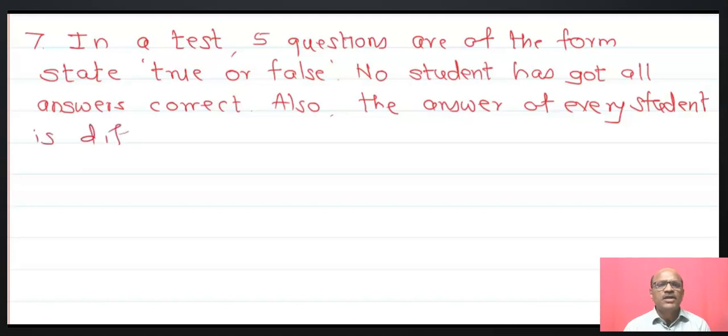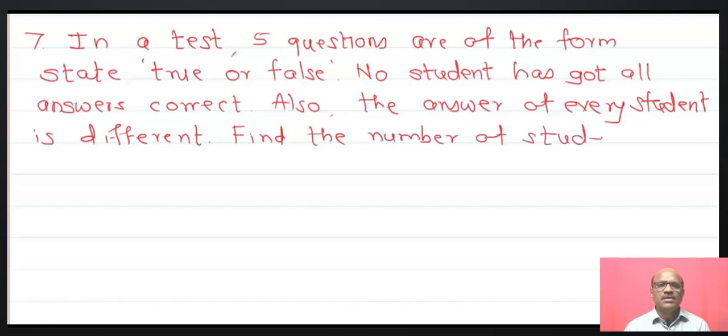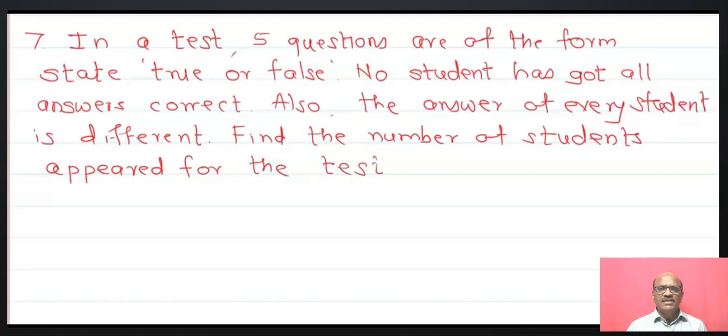Also, the answer of every student is different. Find the number of students appeared for the test. Now, see this.